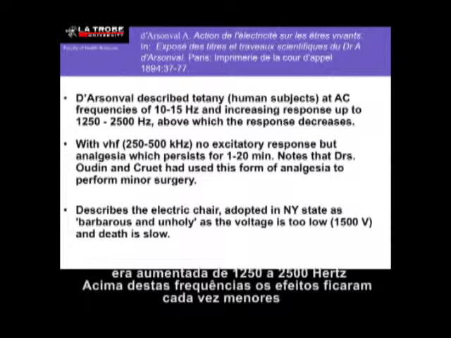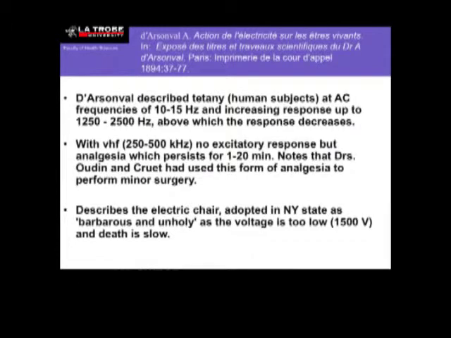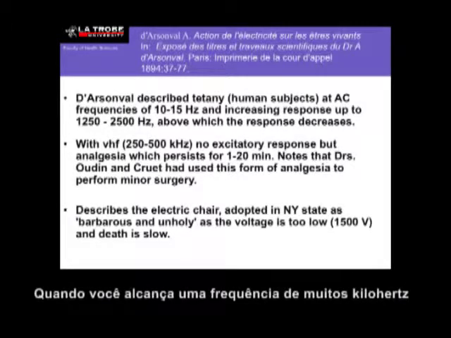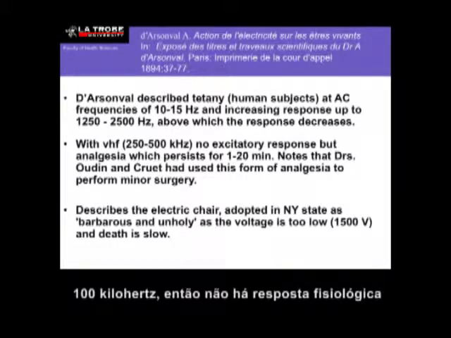Above these frequencies, the effects became less and less, so that by the time you get up to many tens of kilohertz or 100 kilohertz, there's no physiological response.